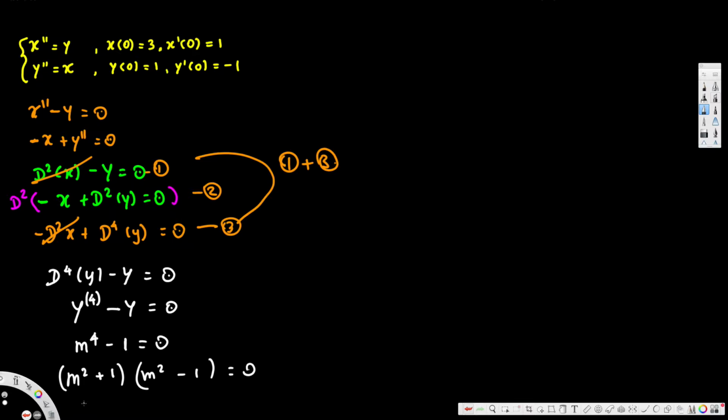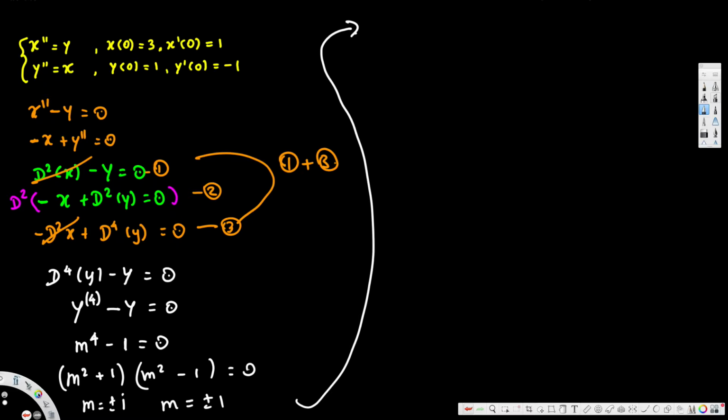From this one, if we solve for m, this is going to be plus or minus i, and for this one it's going to be m is equal to plus or minus 1. So plus or minus i means this is a complex number, and here these are distinct real roots. We have plus 1 and minus 1.